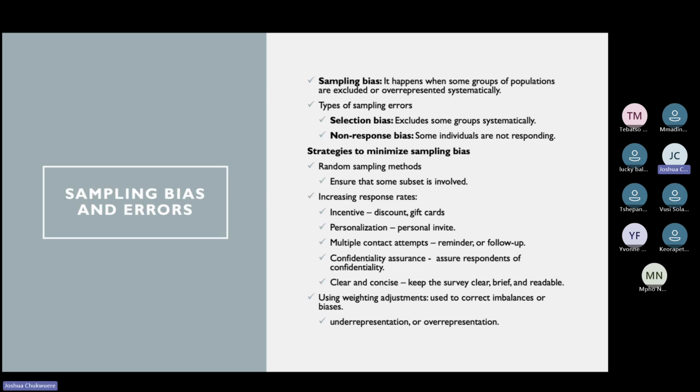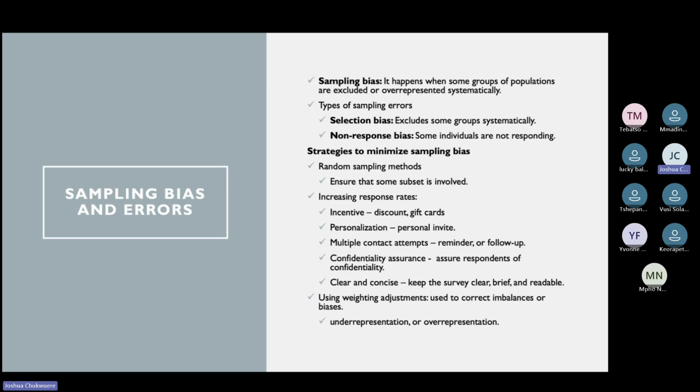Which means having some incentives, right? Because there's that element of non-response bias. People are not responding. How do you maneuver that? By implementing things like incentives, providing some incentives to your participants, which also brings about increasing that response rate.